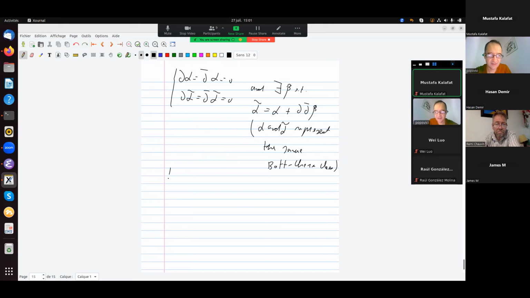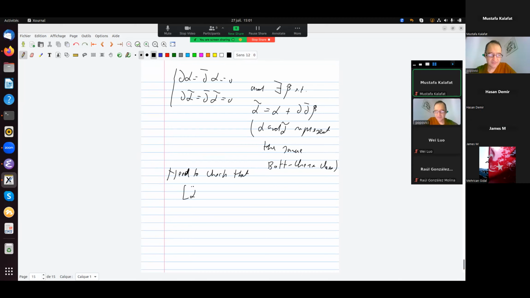So we need to check that the Dolbeault class of alpha twiddle is the same as the Dolbeault class of alpha. In other words, this is equivalent to checking that the difference alpha twiddle minus alpha represents the zero Dolbeault class. In other words, it is in the image of d bar. This is what we want to check. Let's put a question mark.